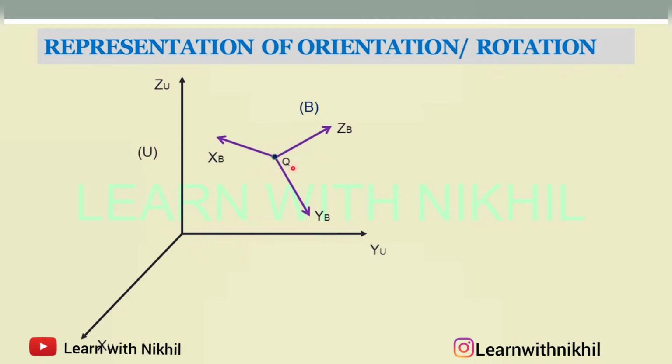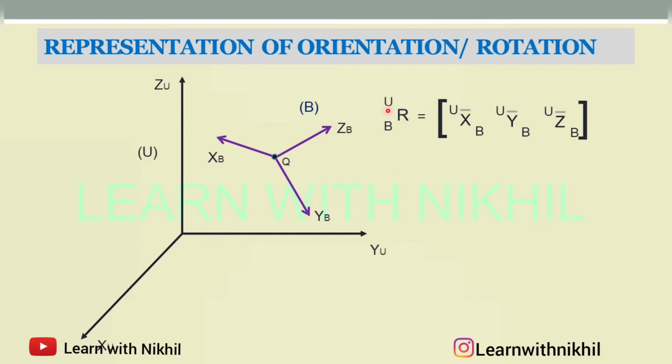So there is some rotation or orientation. Now to represent this rotation or orientation, it is represented as R, that is rotation of body coordinate with respect to universal coordinate.